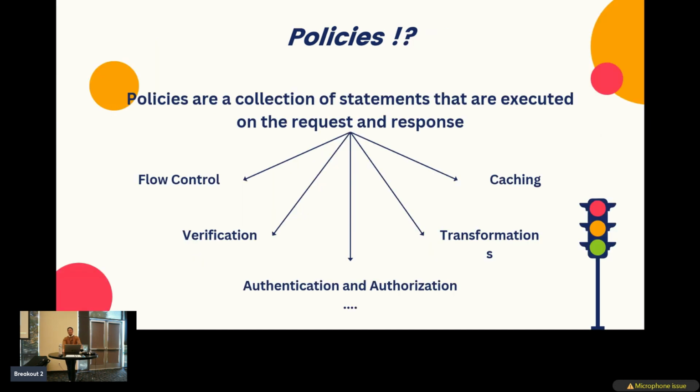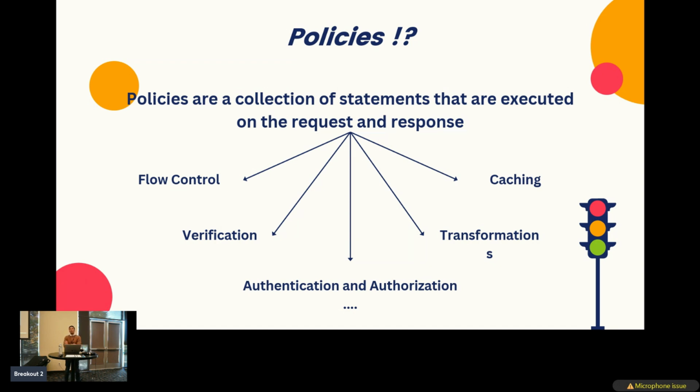Okay, cool. So we spoke about policies, and we mentioned that from the management portal you can create and manage some policies and let the gateway manage those policies. So what are policies? Policies are just statements that you configure your gateway to do. Some of those policies could be related to flow control. For example, we just spoke about versioning, one of the challenges.